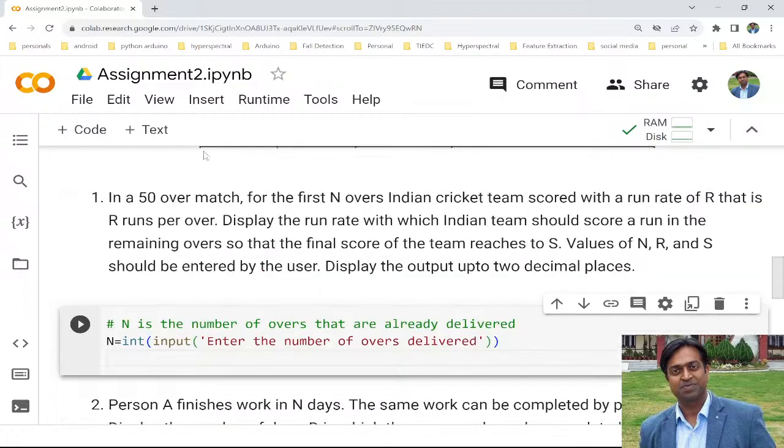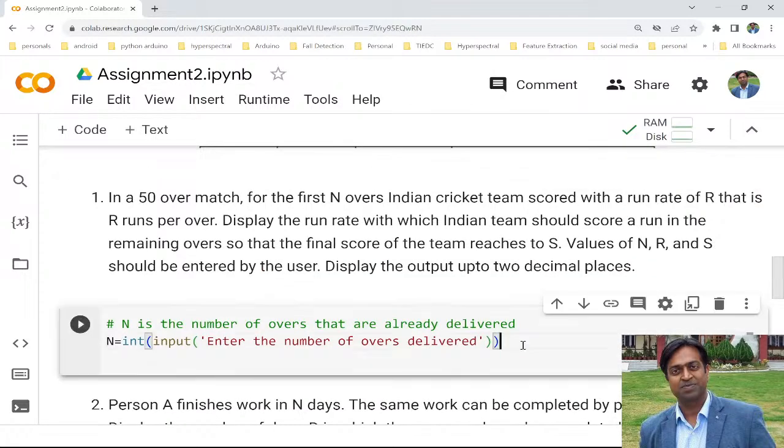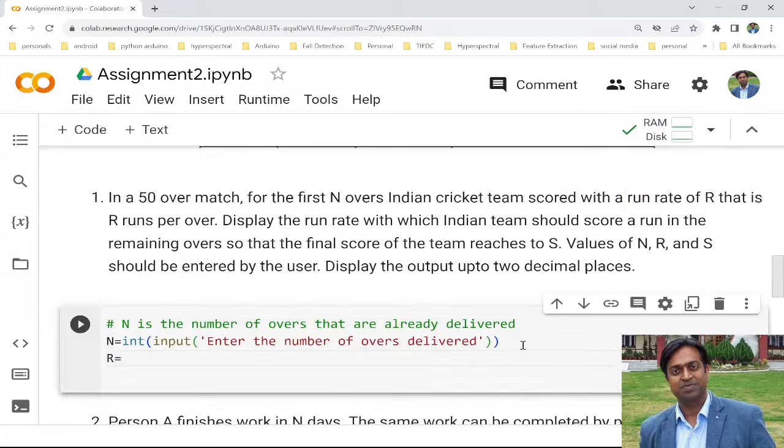I need to ask the user to enter the run rate, that is, what is the current run rate. So r equals int input, enter the current run rate, means at what run rate the Indian cricket team is scoring right now, means for the first n overs what is the run rate, right?